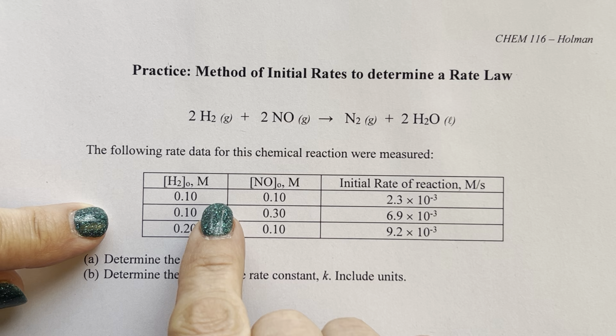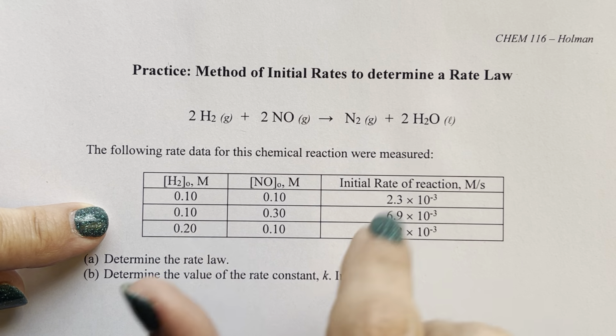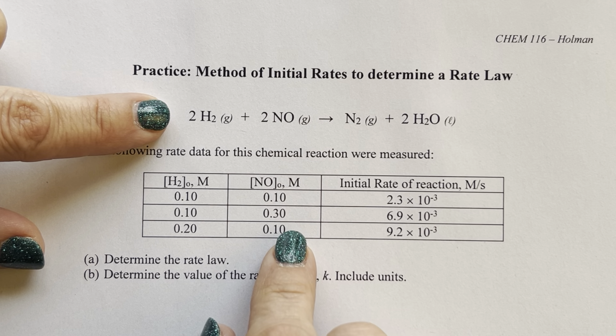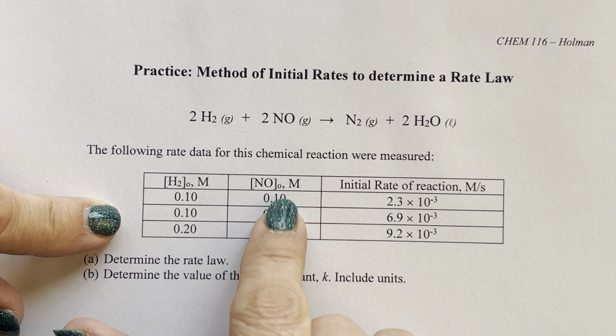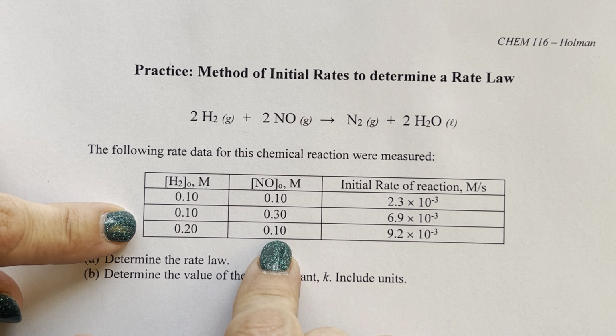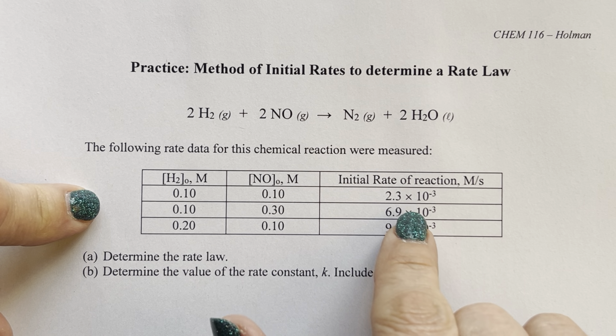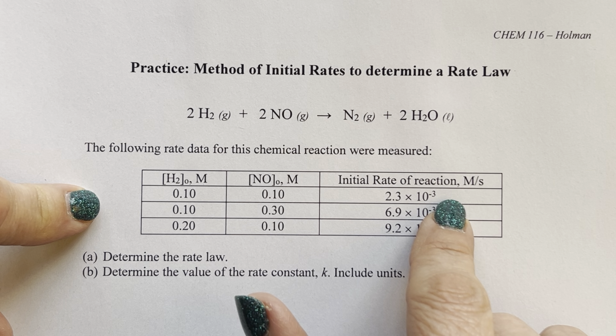They can also do it with a catalyst if that's relevant, but this particular equation, we're not looking at a catalyst. These values that you see here were chosen on purpose by the people who did the experiment. And then they measured the initial rate of reaction.